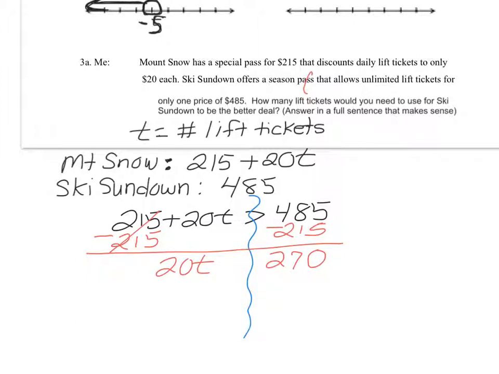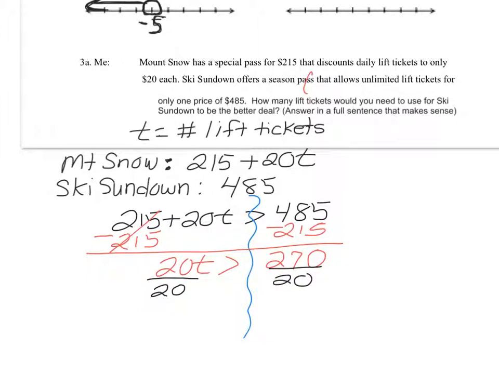And subtracting does not change my inequality, so it stays the same. Now I've got 20t and 270, so I have to do my opposite operation, opposite sides.